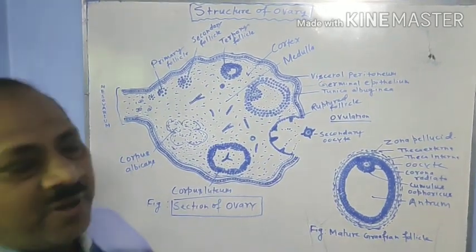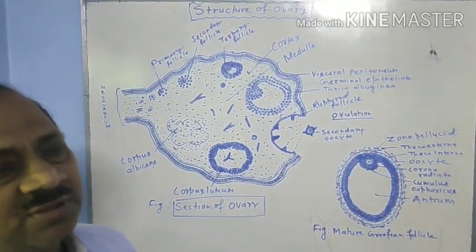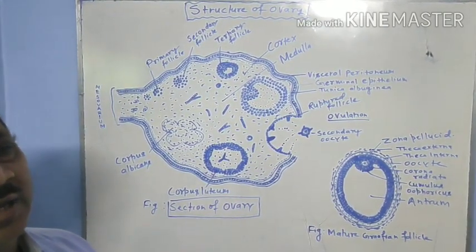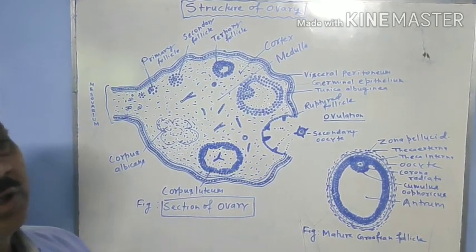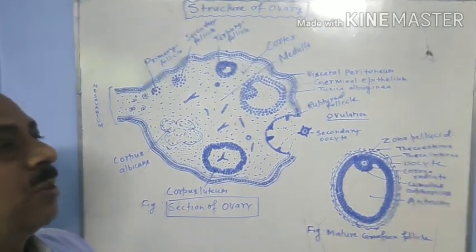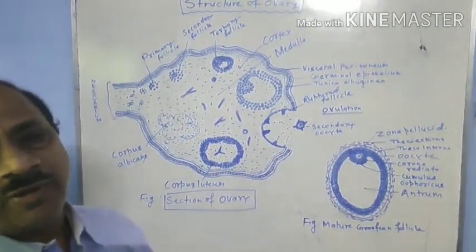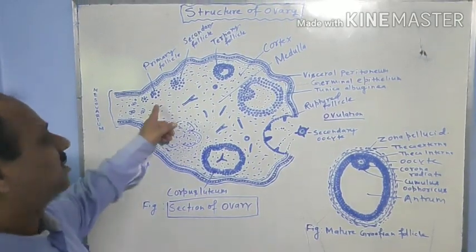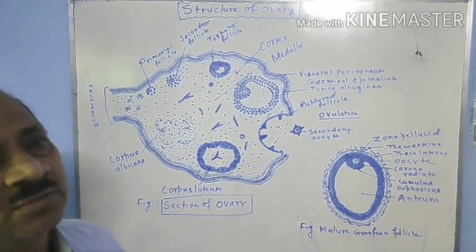And between the birth of child and puberty, it means between the birth and the age of 12 to 14, large number of primary follicles undergo degeneration.